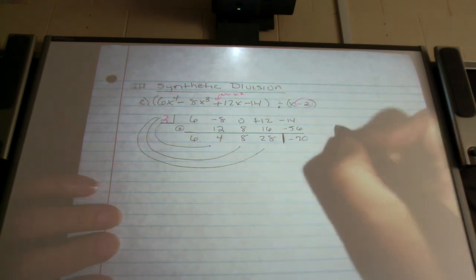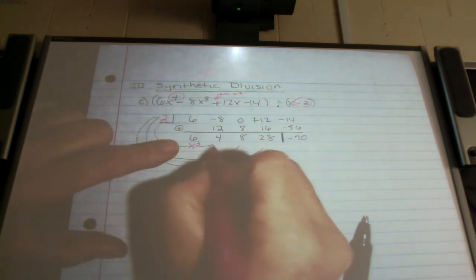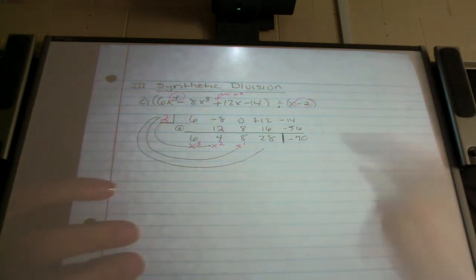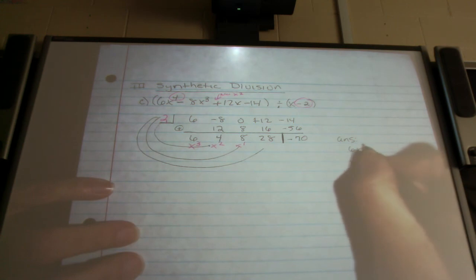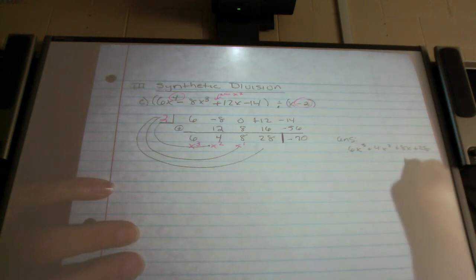So our answer, and then these go down by 1. So we had an x to the 4th, so this is going to be the third, the second, the first, and then the constant. So our answer is going to be 6x cubed plus 4x squared plus 8x plus 28 with a remainder of negative 70.